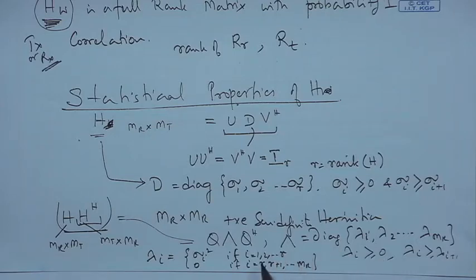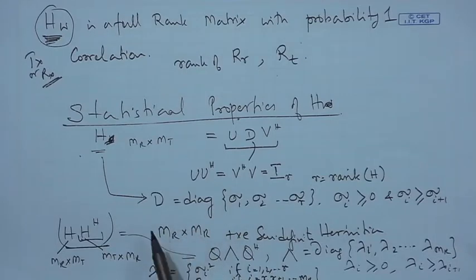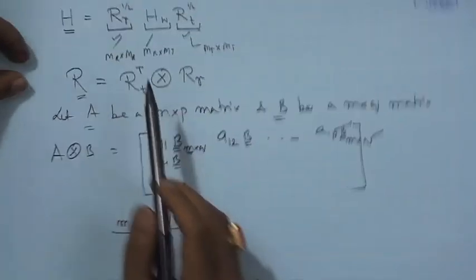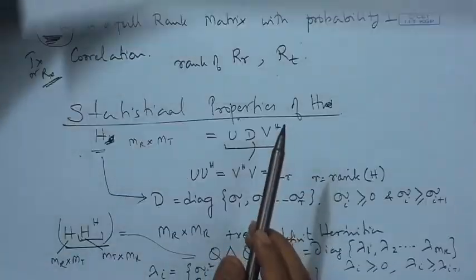Now, this positive semi-definiteness of HH Hermitian and H Hermitian H, that means the MR or MT matrices, you can easily verify from first principles.